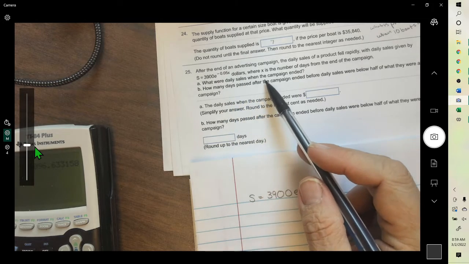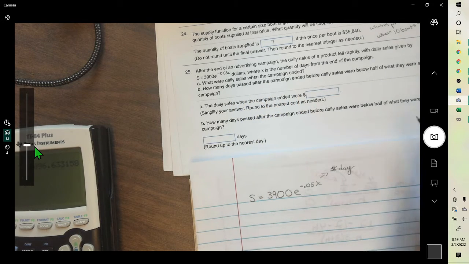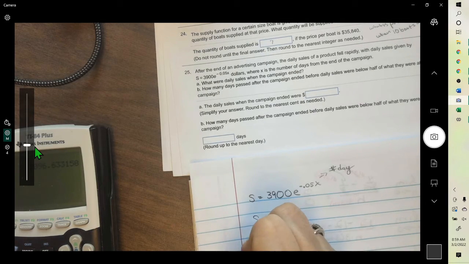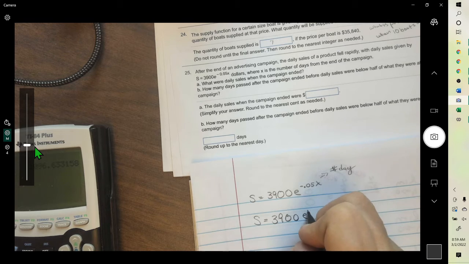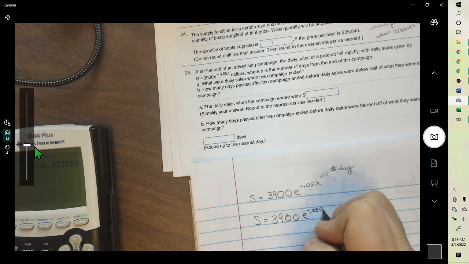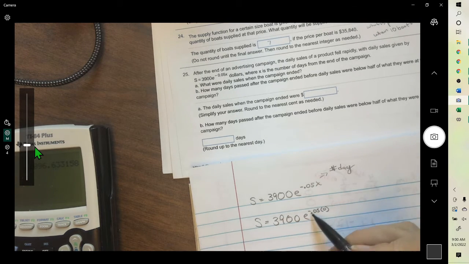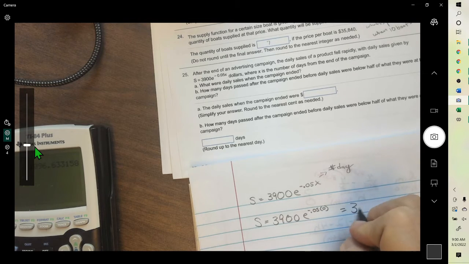What were the daily sales when the campaign ended? Well, they would end when x is 0. e to the 0 is 1, so you'll get 3,900.